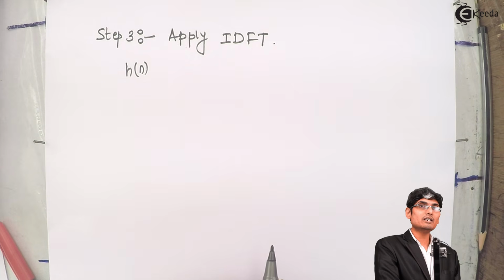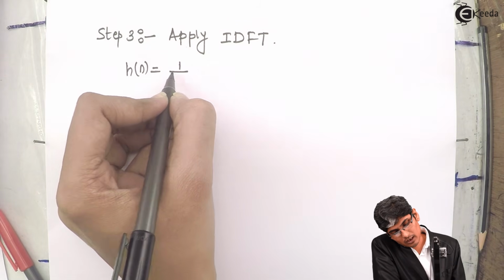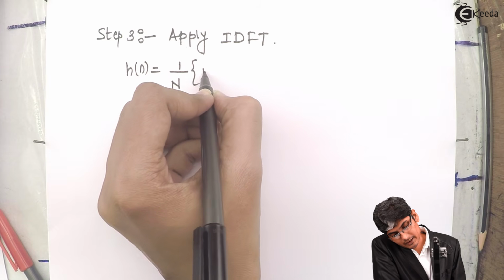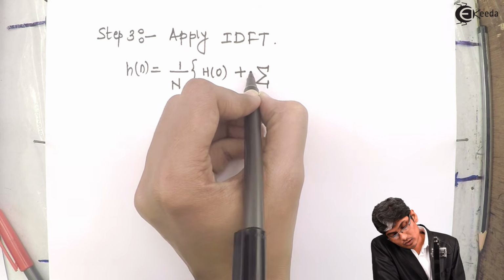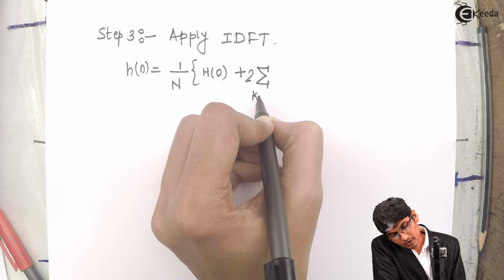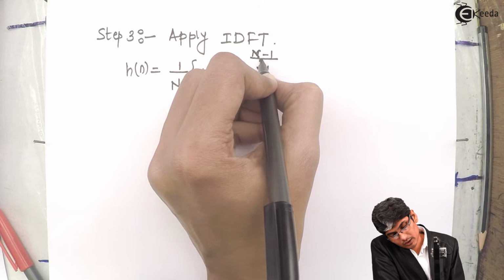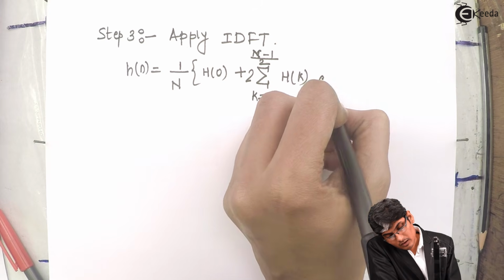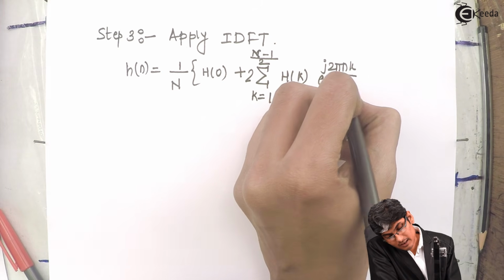Because the order is 7, it is odd. So I have to use h of n equal to 1 upon 7 into the bracket h of 0 plus 2 times the summation k going from 1 to (n minus 1) by 2 of h of k e raised to j 2 pi n k by 7.